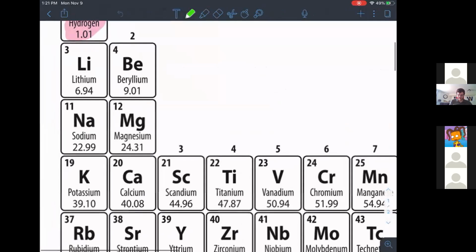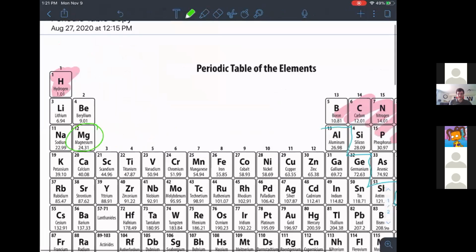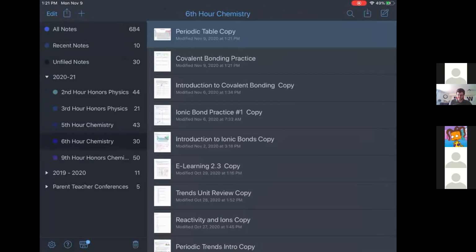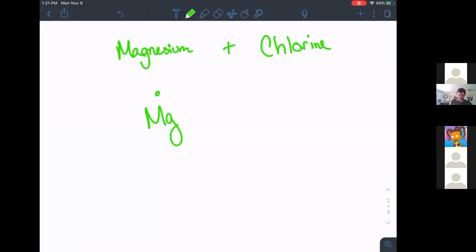Magnesium is over here. 2. 2, good. So we're going to put 2 valence electrons on magnesium. And chlorine, how many did chlorine have? 1, 2, 6. Not 6. Keep going. One more. 7. 7. There we go. So we're going to put our 7 valence electrons on chlorine.